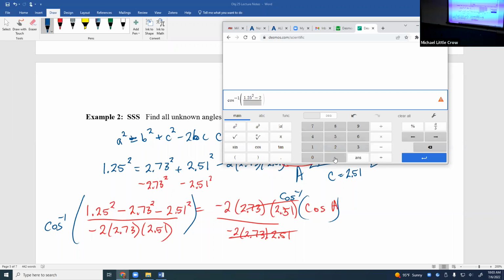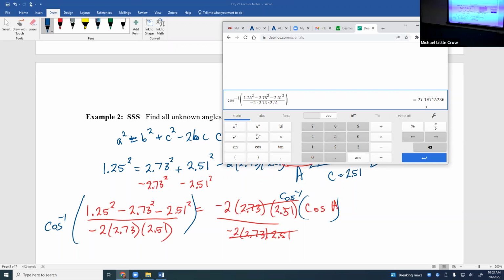Make sure you get your subtraction parts. 1.25 squared, and then in the denominator, we have negative 2 times 2.73 times 2.51. That's it. Got everything entered. Whoops, not 0. So that's 27.2 degrees.